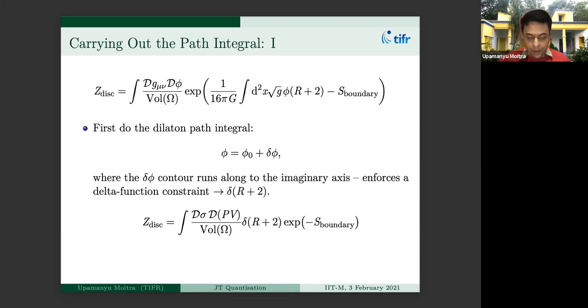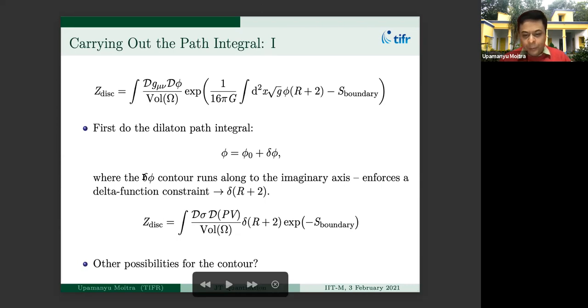And we simply have to deal with constant negative curvature space. Now, there's a pet peeve of mine that I must mention, which is this delta phi contour running along the imaginary axis. For those of us who have worked on the JT model in connection with nearly extremal black holes, the more natural contour should lie on the real axis, where the lower end of the contour should have some finite cutoff, where the coefficient of the Ricci scalar, which also includes the ground state term, is 0, all the way to infinity.